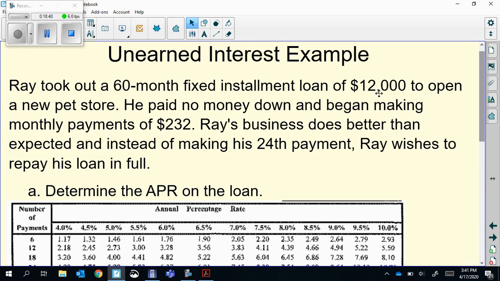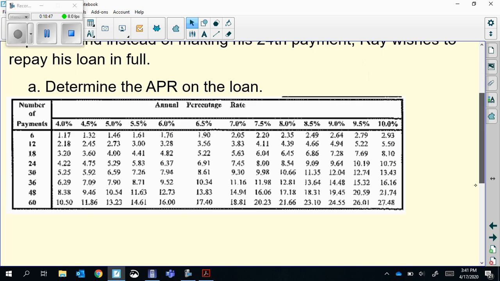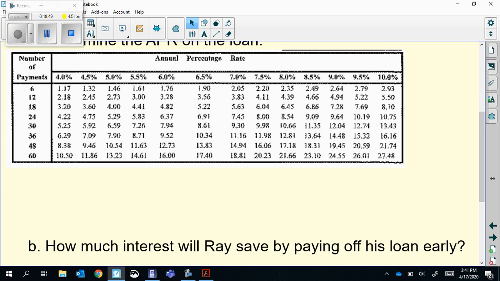So we know that there's 60 months. We know $12,000 with no money down. And the payment is $232. So 60 times 232 figures out how much money he was supposed to pay.